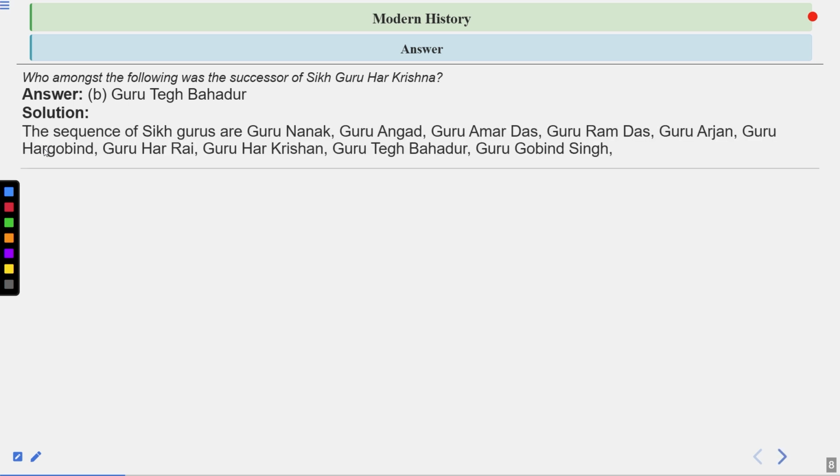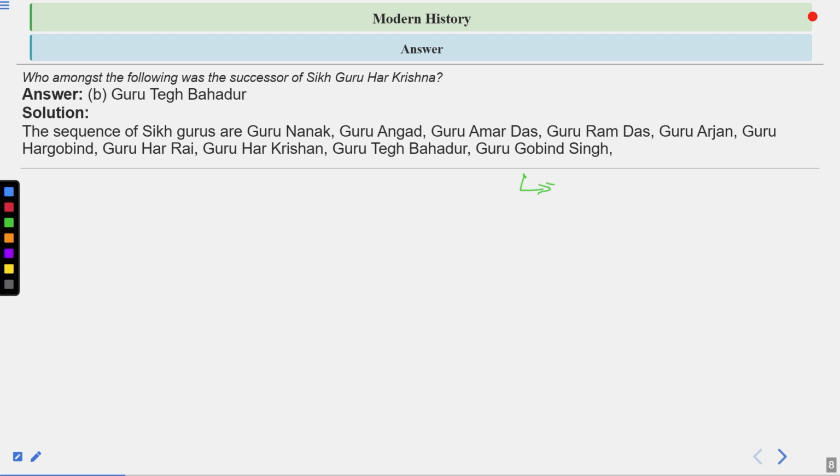The sequence of Sikh Gurus are Guru Nanak, Guru Angad, Guru Amar Das, Guru Ram Das, Guru Arjan, Guru Har Gobind, Guru Har Rai, Guru Har Krishan, Guru Tegh Bahadur, and then Guru Gobind Singh.